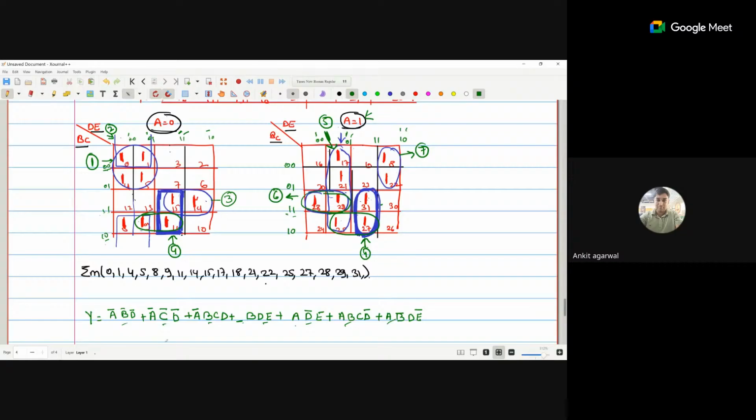So you can see this is the essential prime implicant. Okay, any doubts?